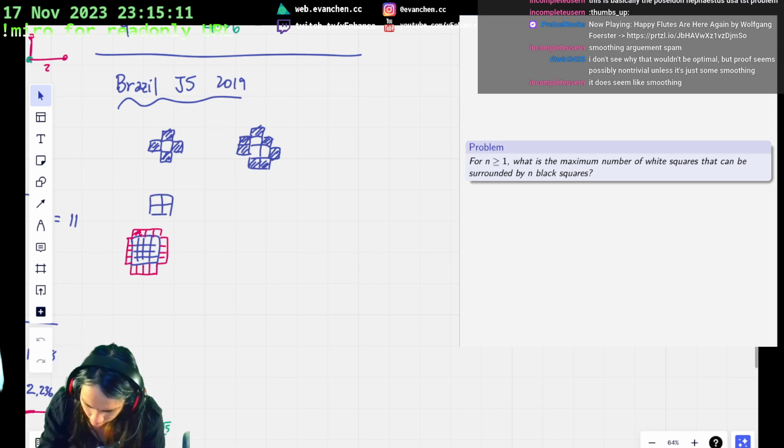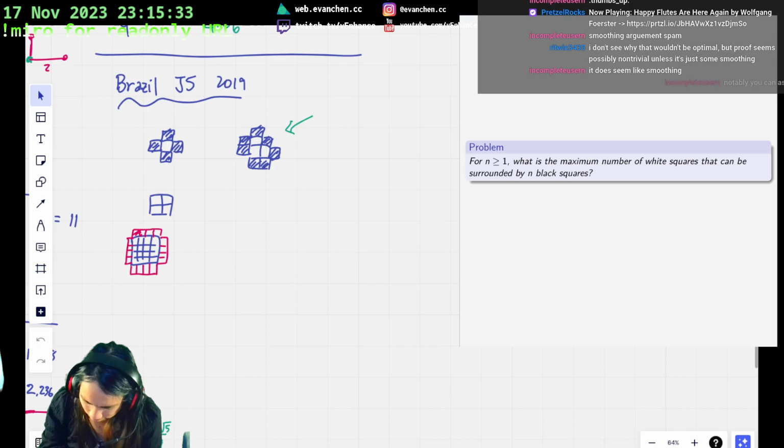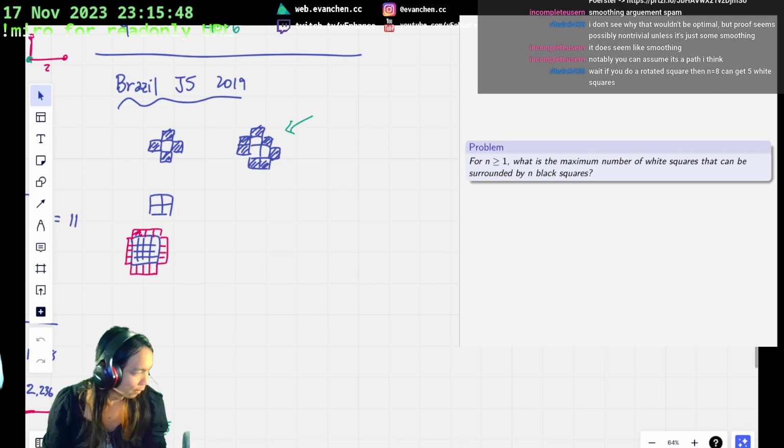then if you're off by a little bit, like if you have 1 fewer black square, you can always make a dent, like in this example here. So you can decrease, well, eight can get 5 white squares.